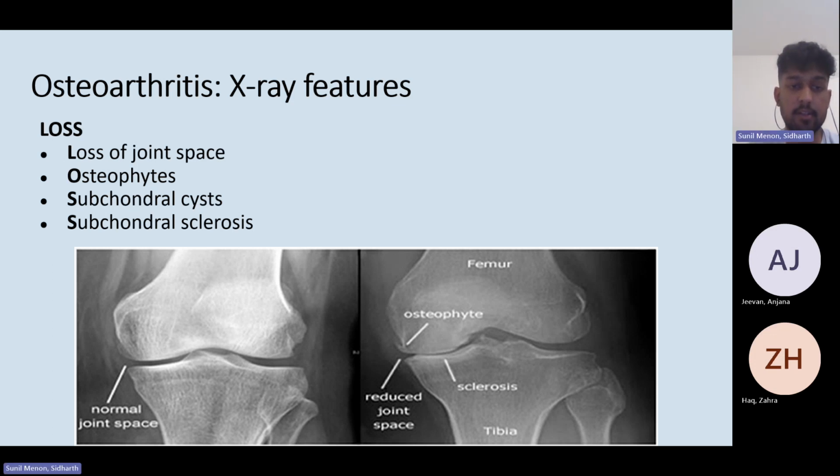If you follow the laser pointer, I don't know if you can see the laser pointer on recordings, to be fair. But osteophytes is there. I can't see any cysts on this. Subchondral sclerosis is thickening, so it's increased white space, thickening of the bone.